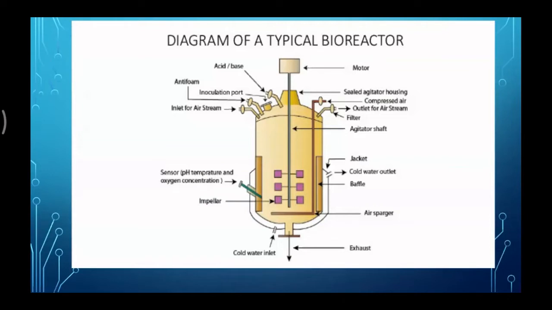On the top of the bioreactor there will be 3 to 5 inlets where we can input our airstream, antifoam, and acid and base to maintain the pH inside the bioreactor. There is a cold water outlet to maintain the temperature inside the bioreactor. And the impellers will break down the bubbles inside the bioreactor to prevent the formation of foam.